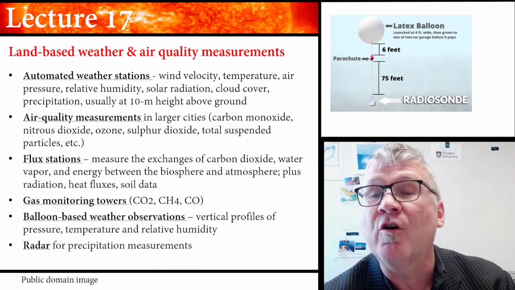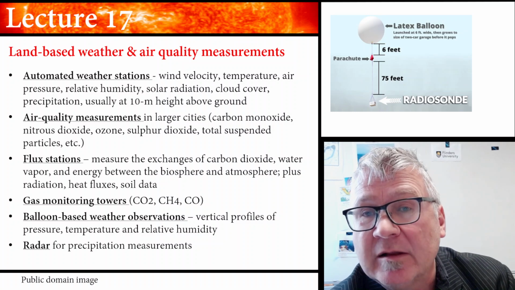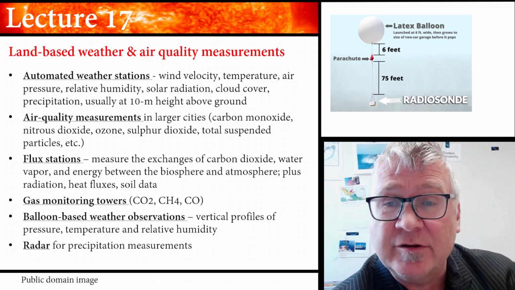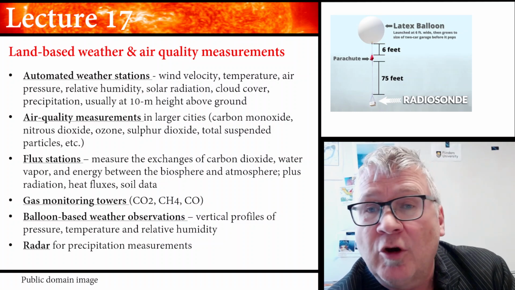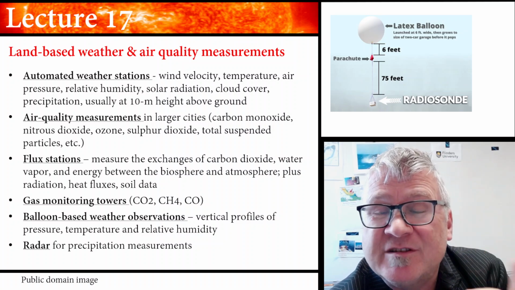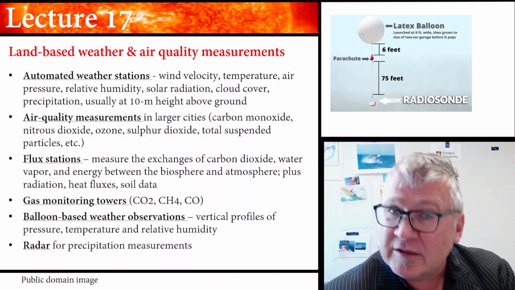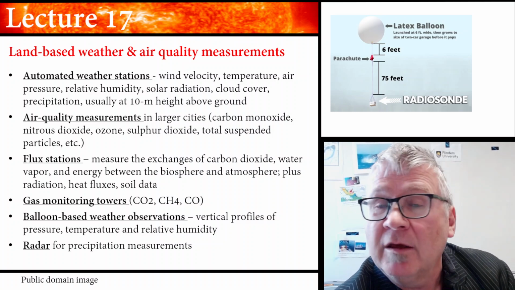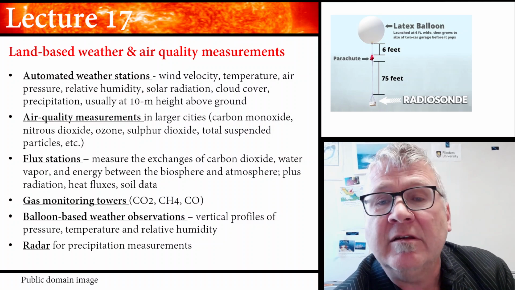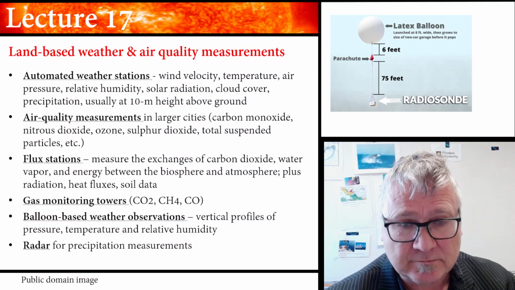And we need that for the weather prediction as well. Because weather prediction is based on a computer-based model, but you always need to start with as precise as possible initial conditions so that you can predict into the future. You always need to correct the computer model. And that's why you need these vertical profiles too.